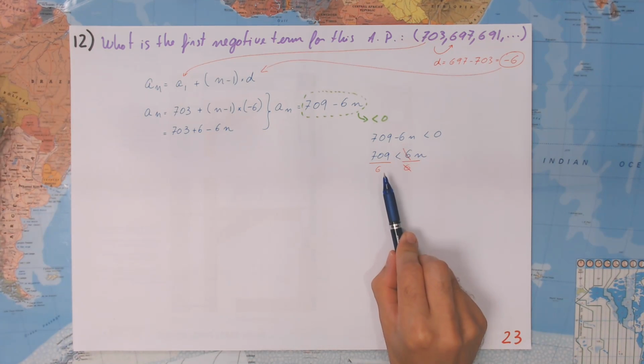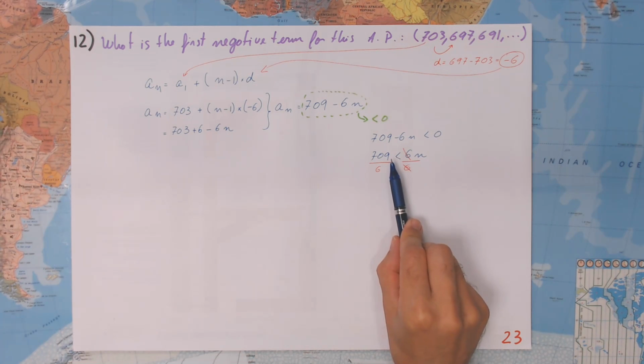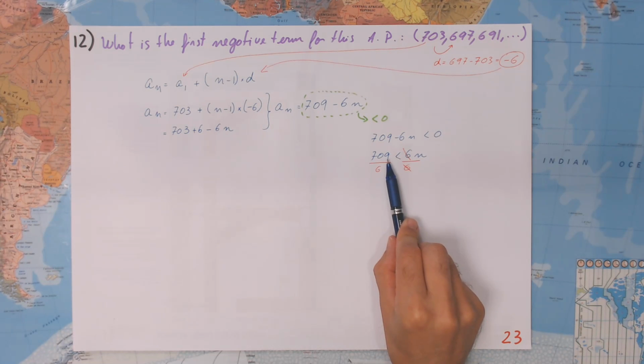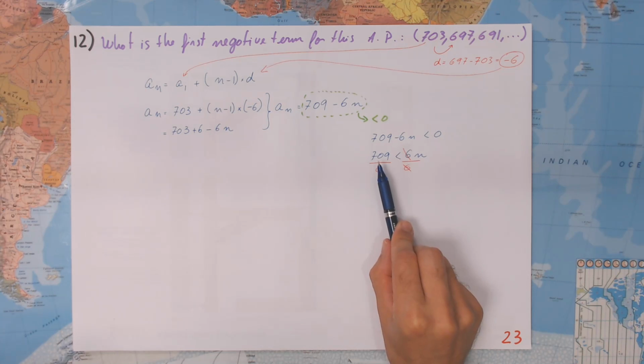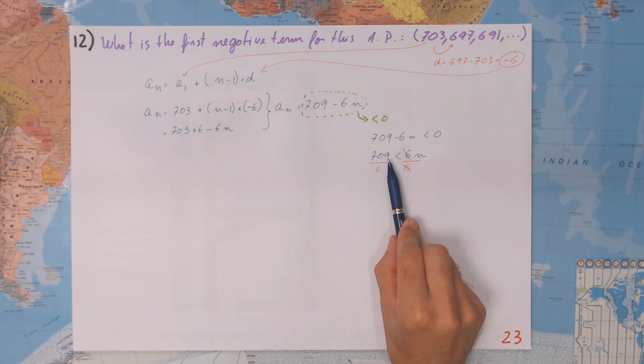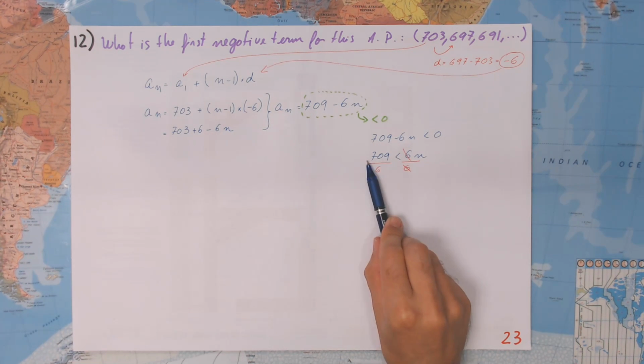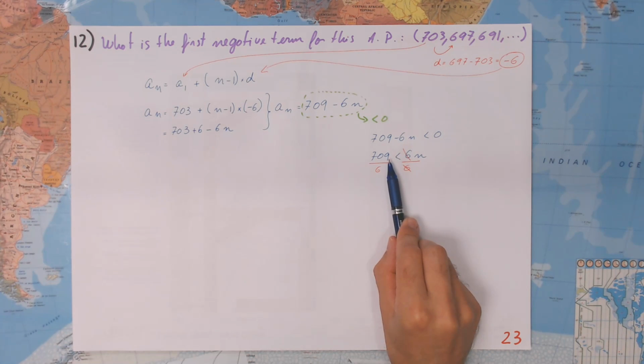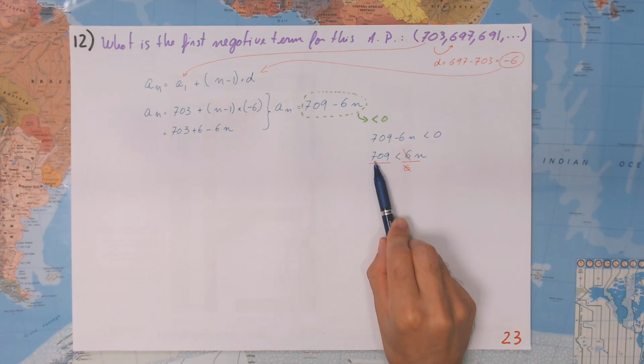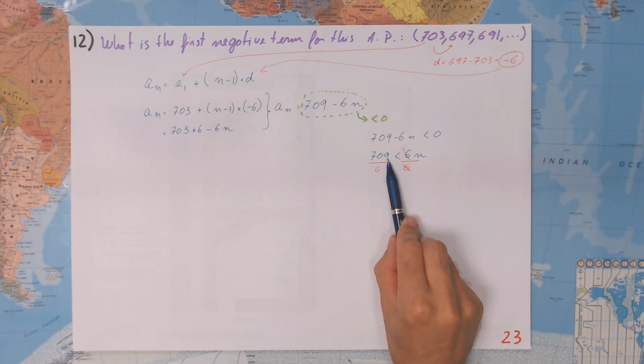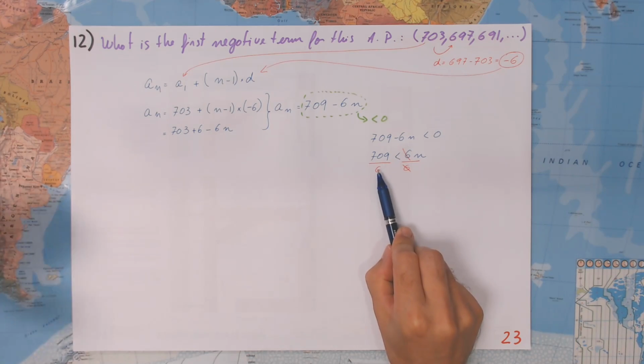Because to be divisible by 6, it must be divisible by 2 and 3, meaning it should be an even number, and the sum of all those figures should be a multiple of 3. Well, first, this is not divisible by 3 because 7 plus 9 is 16, and 16 is not a multiple of 3. And 709 ends with an odd number, and odd numbers are not divisible by 6 anyway.